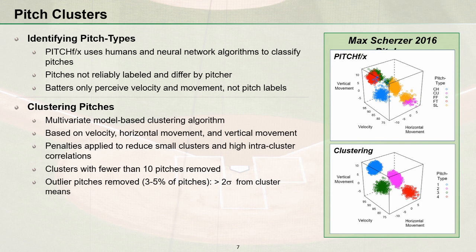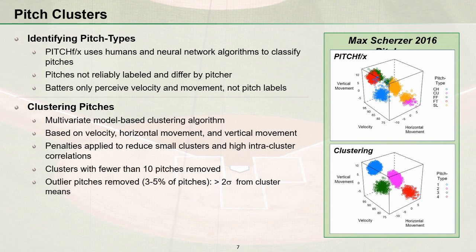I used a method that was developed by statisticians at Carnegie Mellon University, and that research determined that model-based clustering provides the most accurate and reliable method of identifying MLB pitch types. So I used the methods outlined in that research to identify the clusters in my analysis.